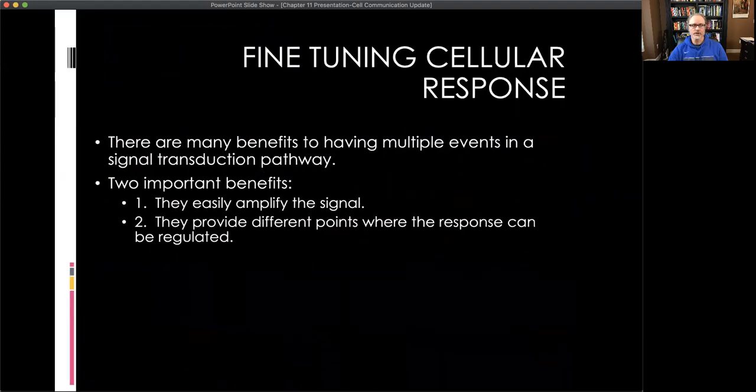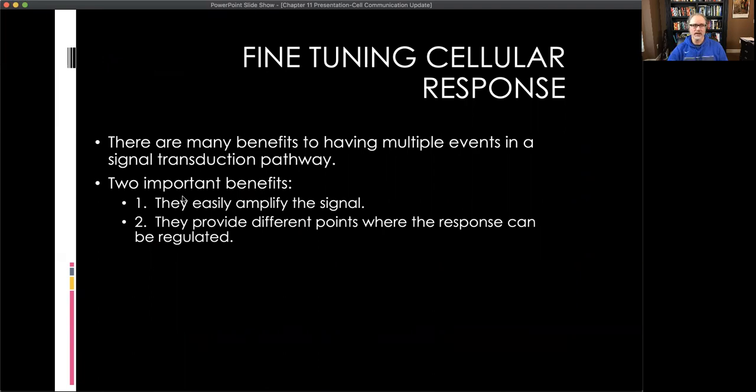There are some ways now with the actual cellular response that we can fine tune it. In other words, we can tweak it to make sure that it's not too powerful of a response, or that we can keep it running at a low level so that it can very quickly be used if we need it, like in mass and so forth, to get the desired cellular response.